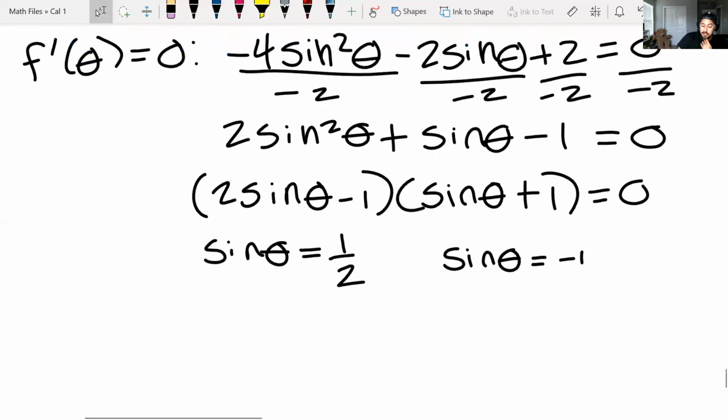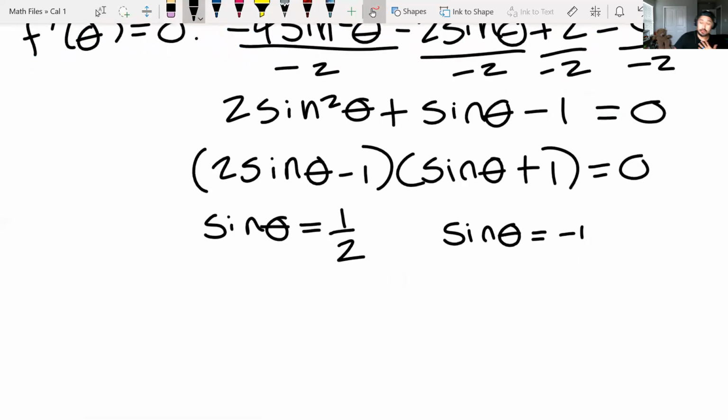Okay. Look at your unit circles and ask yourself, where on the unit circle is sine equal to 1/2? What radian values give me 1/2? And that answer should be pi over 6 and 5 pi over 6.